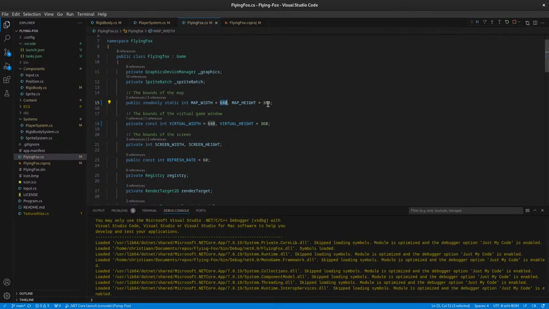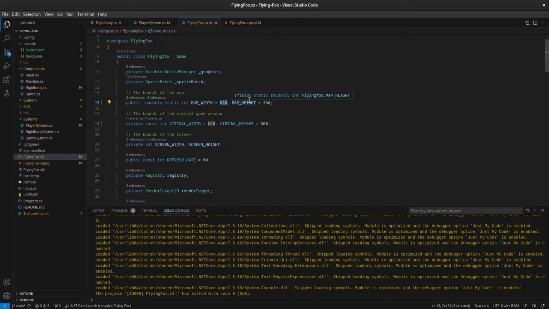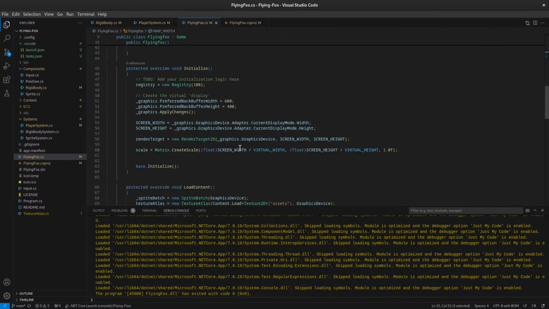we will see where the map ends. And as you can see, there's our little guy. And at least not much is happening with him. At least we can see him now. Let's go down a little bit.